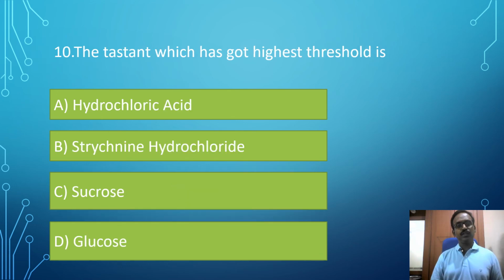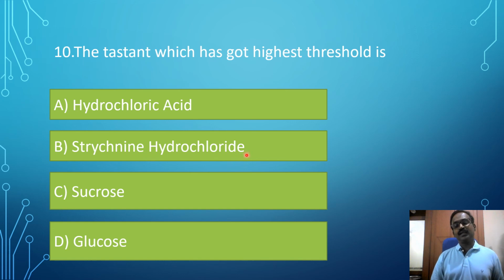The 10th MCQ. The tastant which has the highest threshold is, tastant means water soluble taste substance. So option A, the threshold concentration for hydrochloric acid is 100 micromole per liter. So this is the wrong answer. Option B, strychnine hydrochloride.